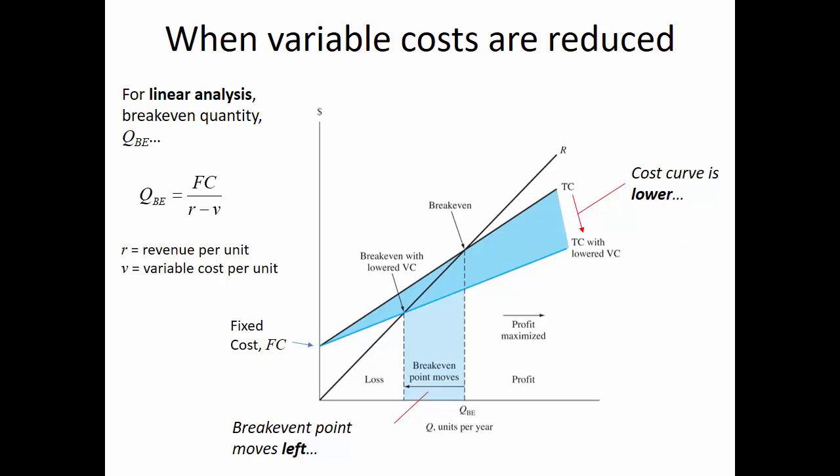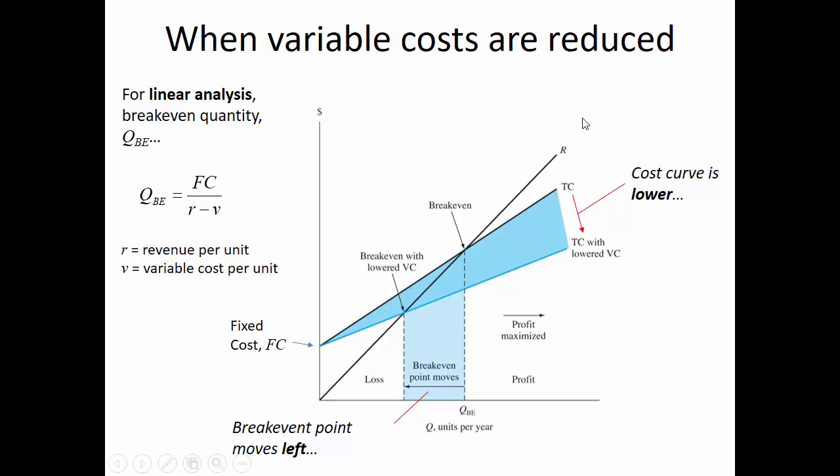It could show up as a concept question on the exam: if your variable costs decrease, then what happens to the break-even point? And you'd say the break-even point shifts to the left, meaning fewer units need to be sold before you become profitable.